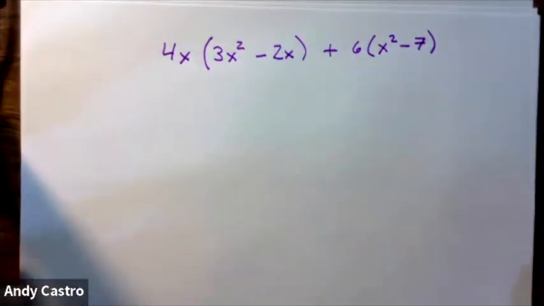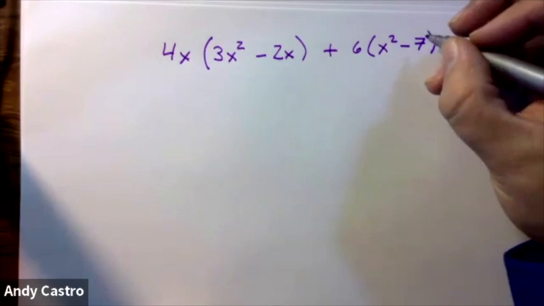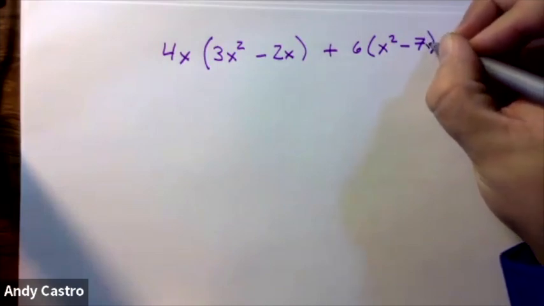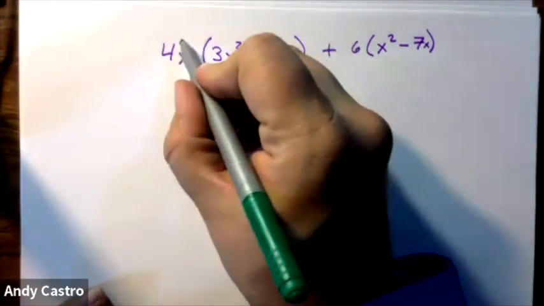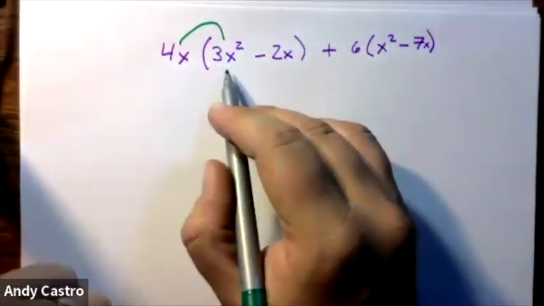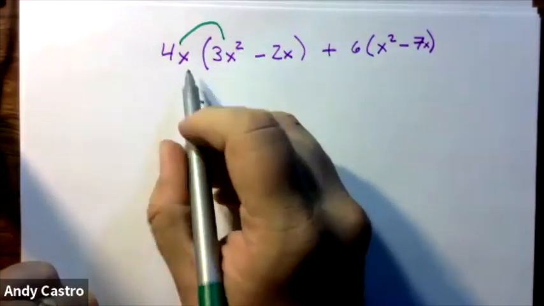All right. So let's go ahead and simplify. 4x times 3x squared. 4 times 3 is 12.